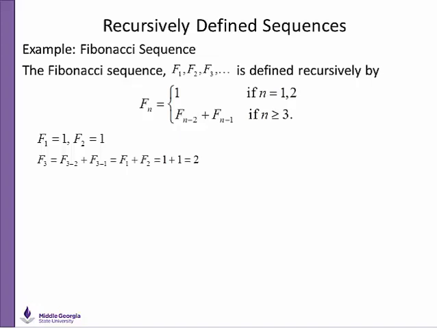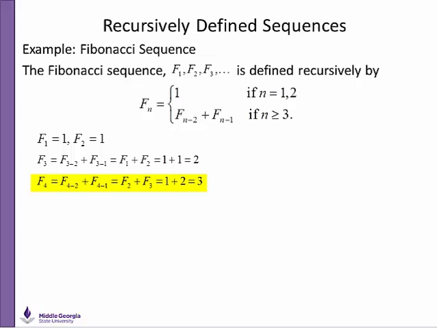So, let's look at some other elements of this set. f sub 4 equals f sub 4 minus 2 plus f sub 4 minus 1, replacing n by 4, and then doing the subtraction.